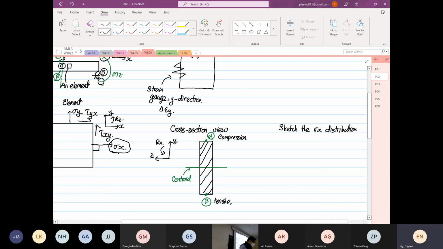Okay, we're going to sketch the stress X distribution. So we are going to draw a line. This line corresponds to our normal stress in the X direction. And we're going to draw a vertical line.